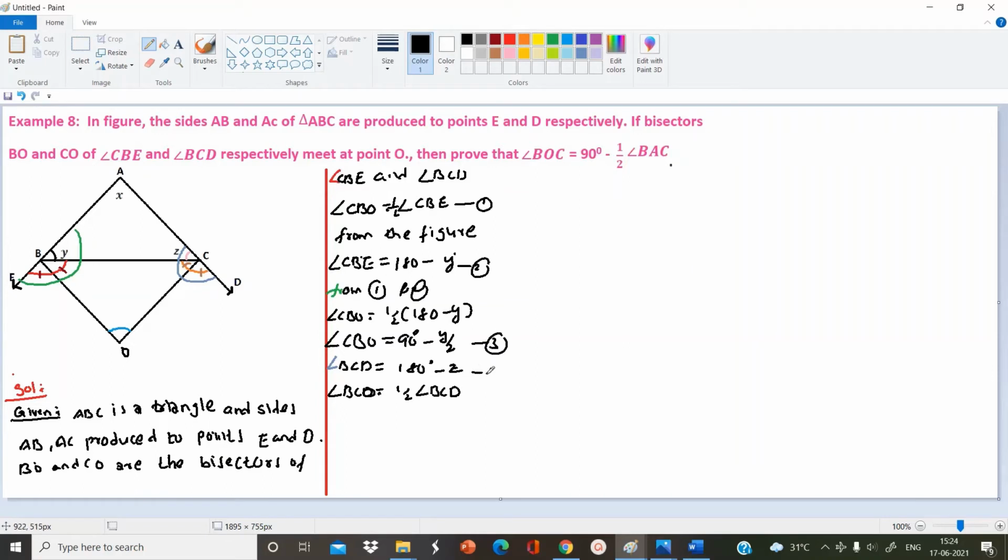Just think, this is equation 4 and this one is equation 5.